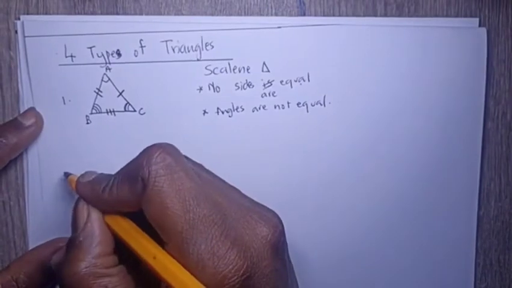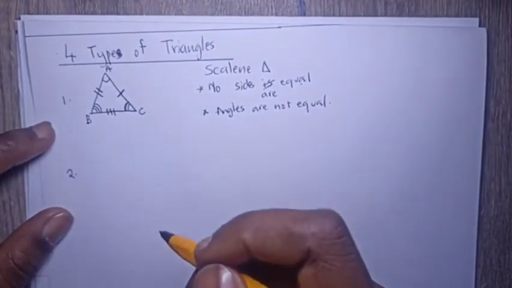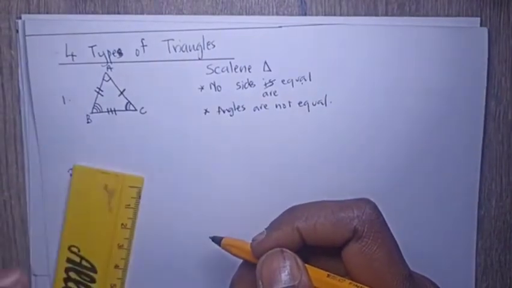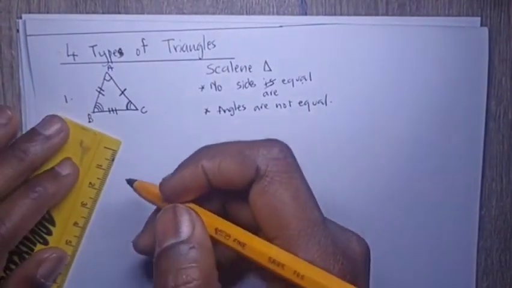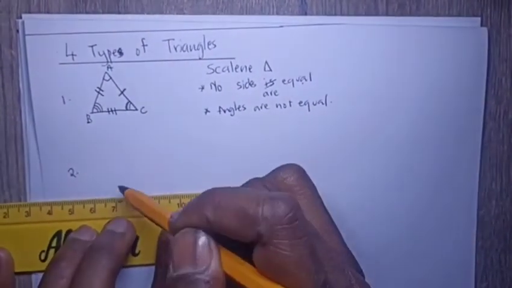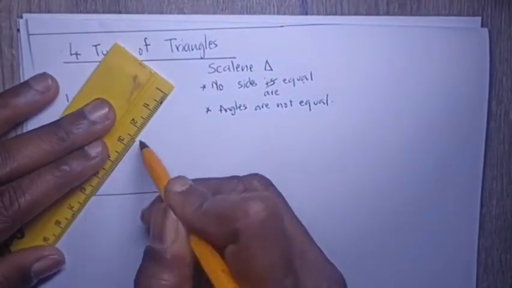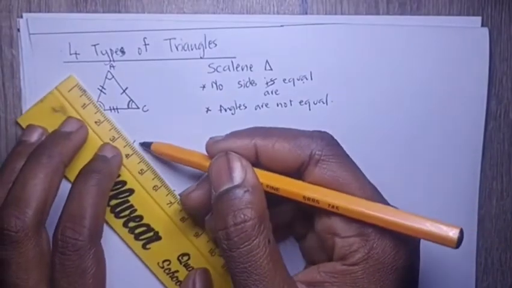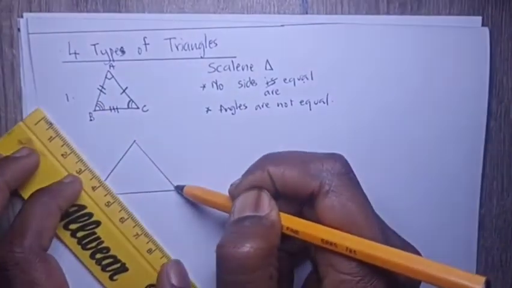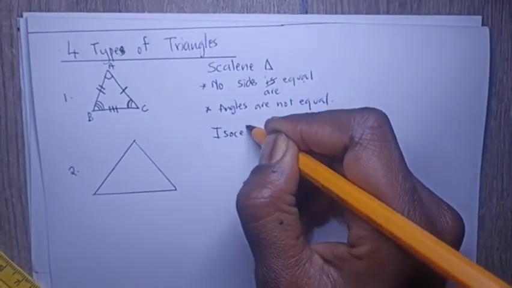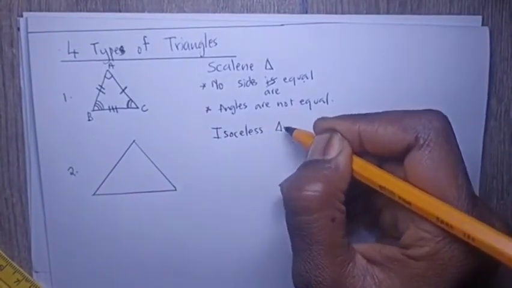Okay, let's go on. Number 2, we call it what? An isosceles triangle. This one is my favorite. So I'm gonna write it here, isosceles triangle.